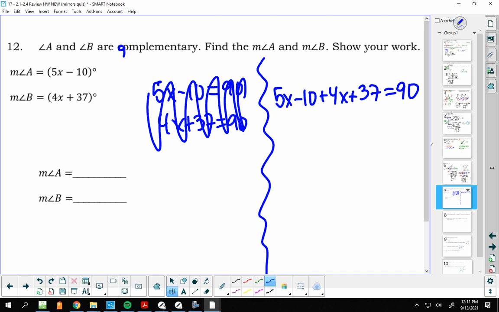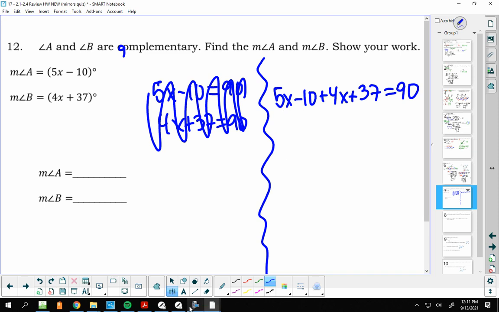I know that, but when I got measure A and measure B, I added them together and they added up to 90. You must have solved it wrong then. That's really weird. That should not have happened. You will get 90. That's what I got, but I equaled it to 180.